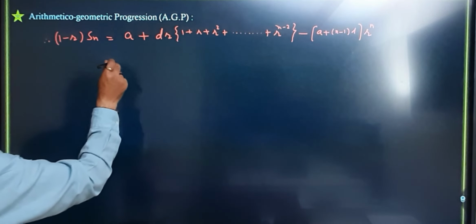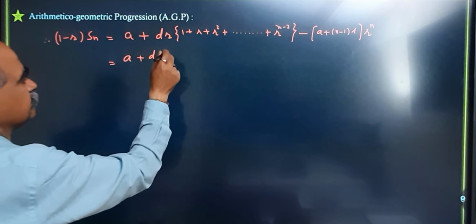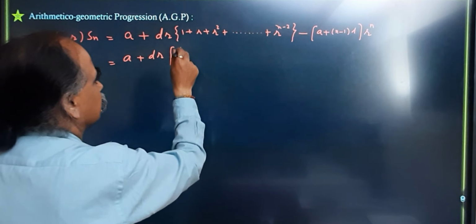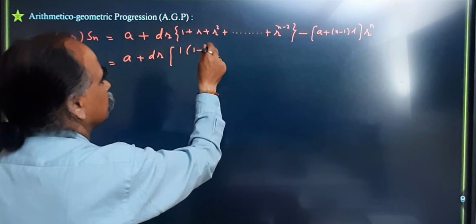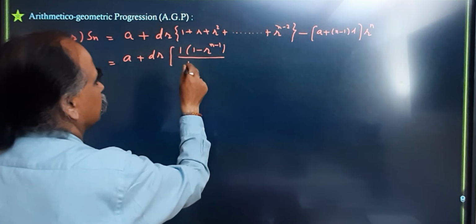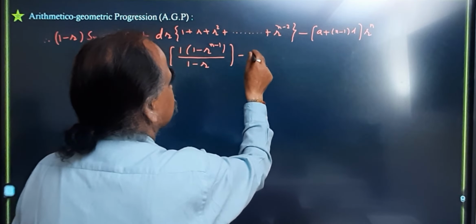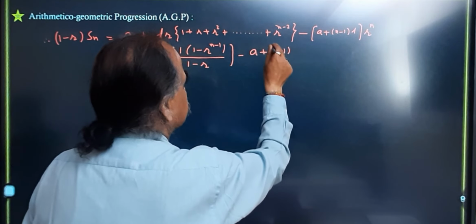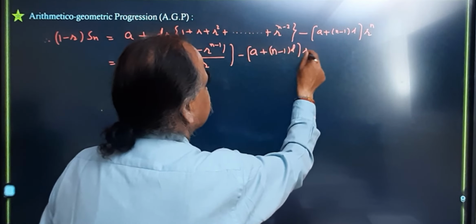So sum of this is A plus DR into bracket. So sum of this will be A into 1 minus R raised to, number of terms is n minus 1, divided by 1 minus R, minus A plus n minus 1 D into R raised to n.